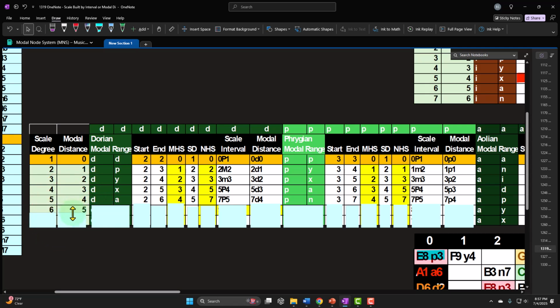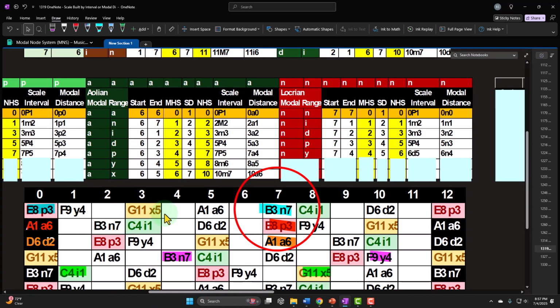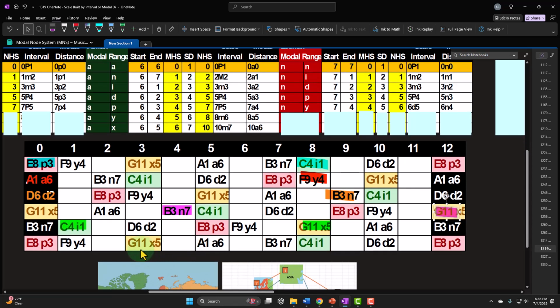So now it's going to be a scale degree of 6, modal half steps of 5. If I look at my map and I go up from Phrygian, 1, 2, 3, 4, 5, and I go up from the Aeolian, 1, 2, 3, 4, 5, and I go up from the Dorian, 1, 2, 3, 4, 5, and I go up from the Locrian, 1, 2, 3, 4, 5, and I go up from the Ionian, 1, 2, 3, 4, 5, then what do we get?